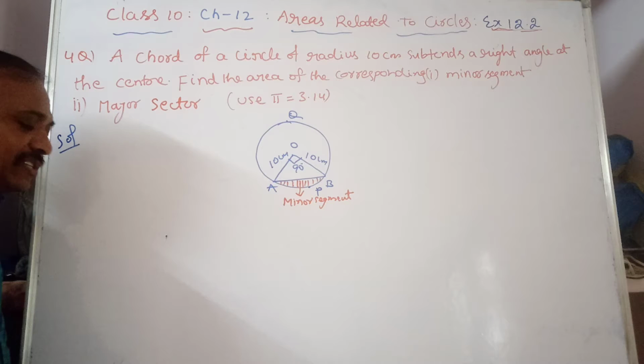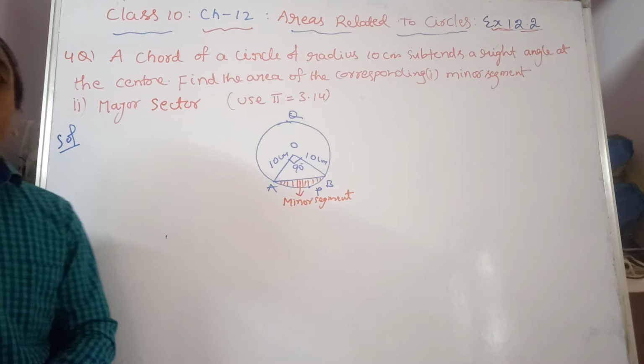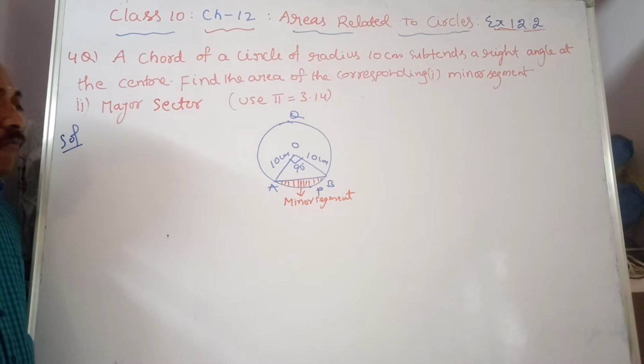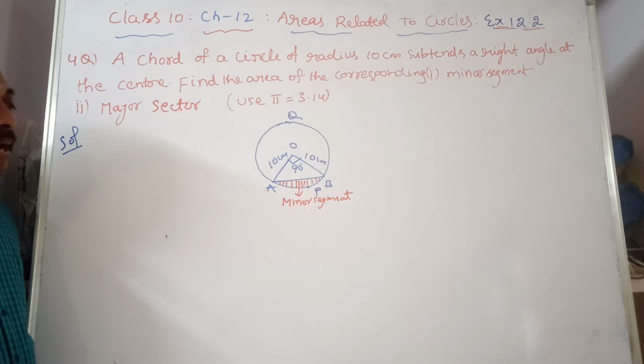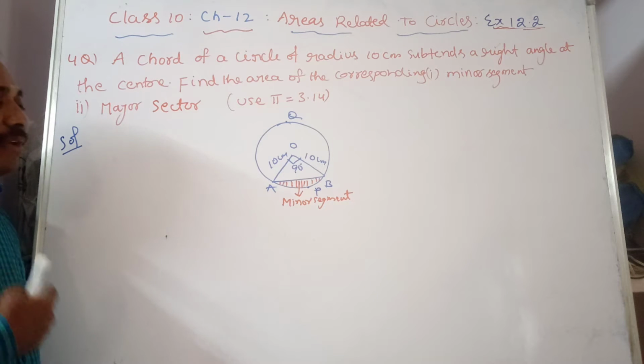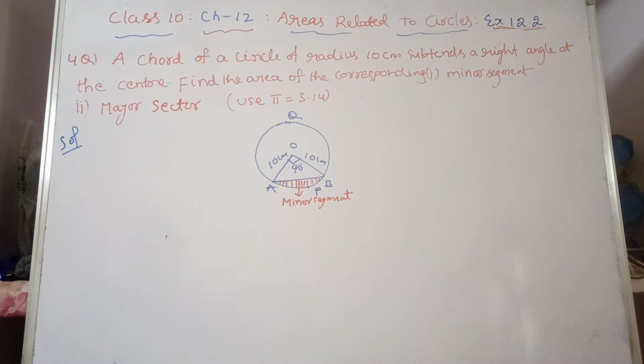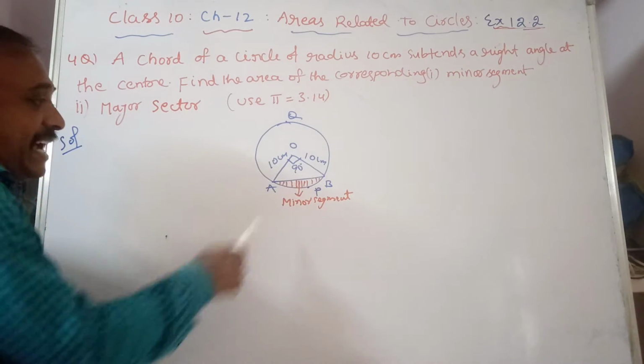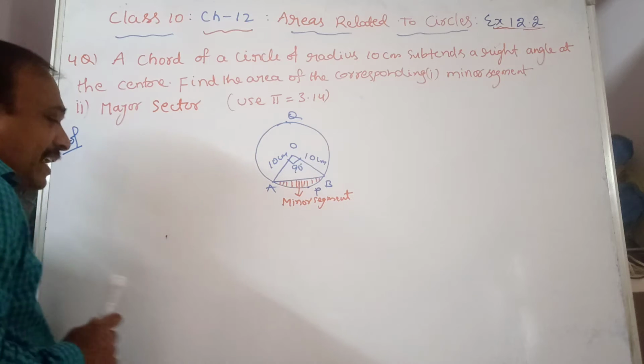As we have discussed in the earlier classes, to find the area of a segment, minor or major, first you have to calculate the area of the sector and the area of the triangle. If you subtract, you will get the area of the minor segment.